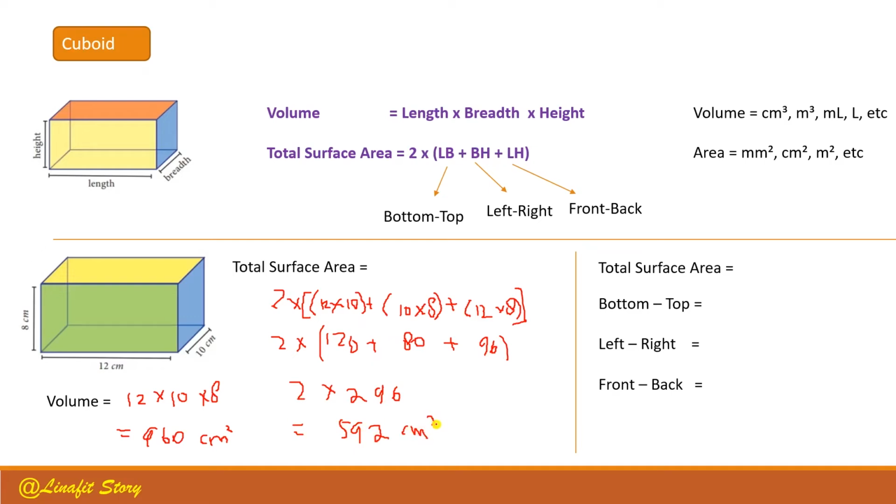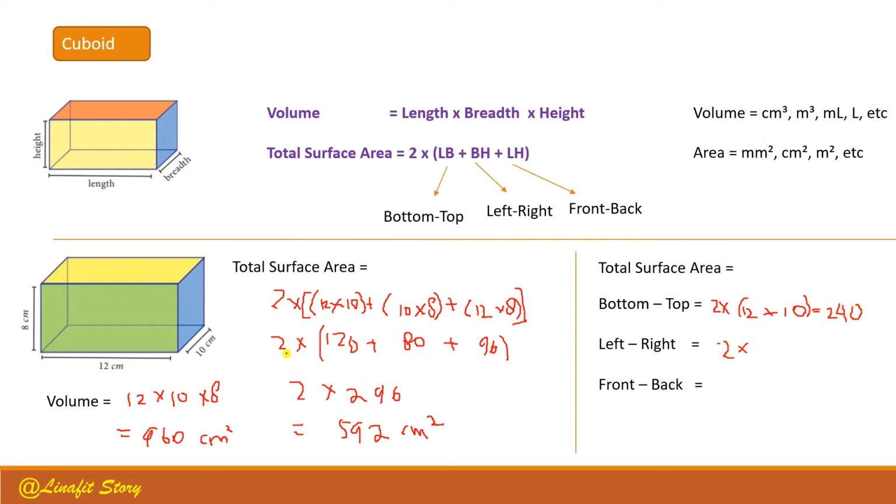Another method to find the total surface area of a cuboid. We will find the area of the top and the bottom side of the cuboid. So there are 2 sides, so 2 times 12 times 10 is equal to 240. And then the area of the left and the right side.